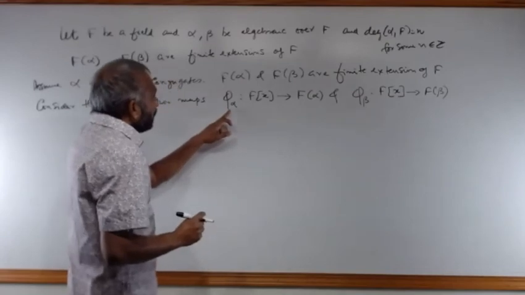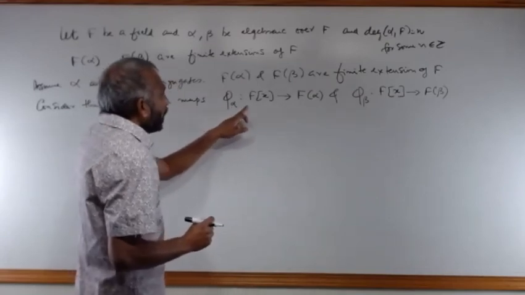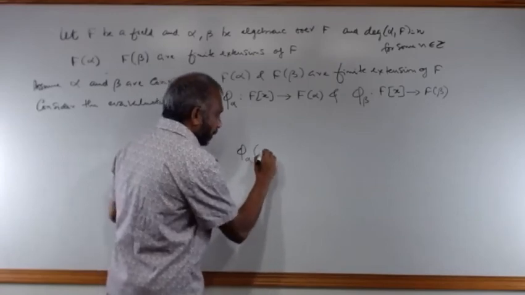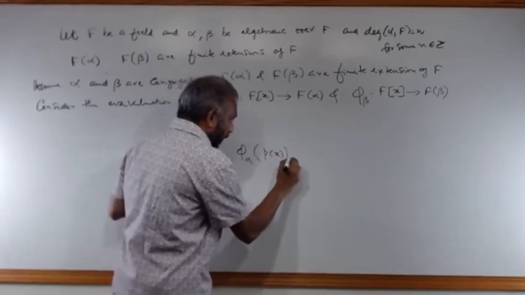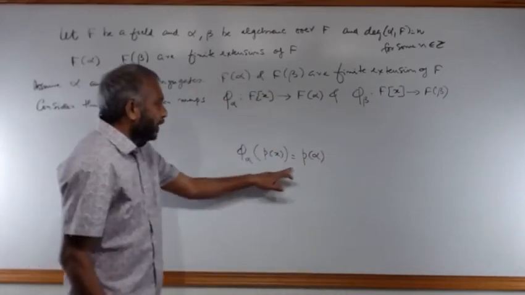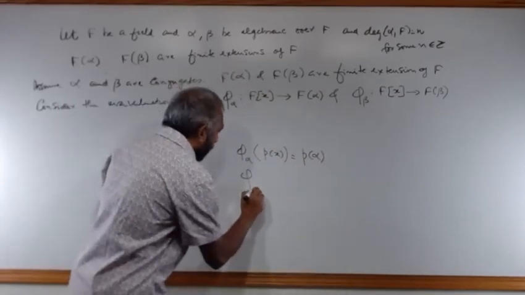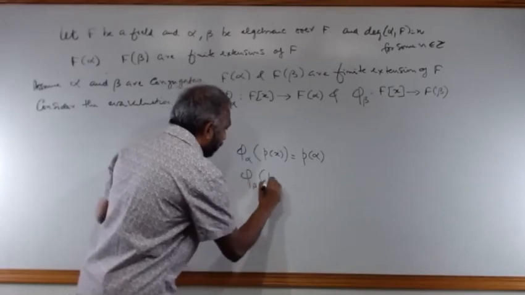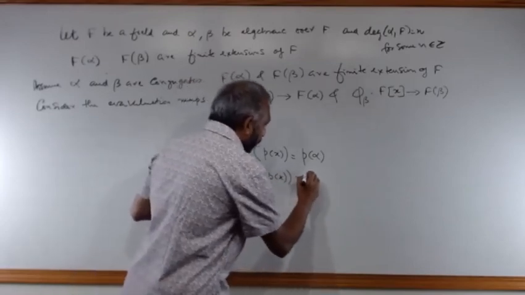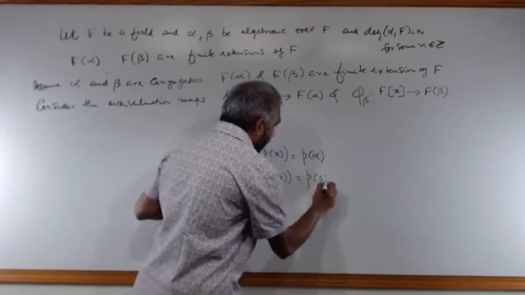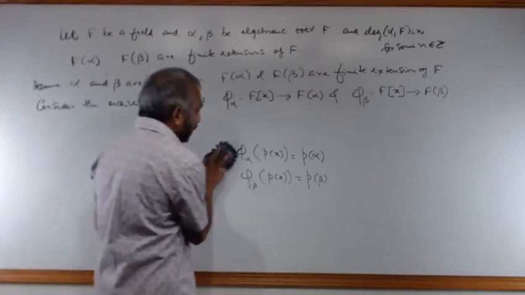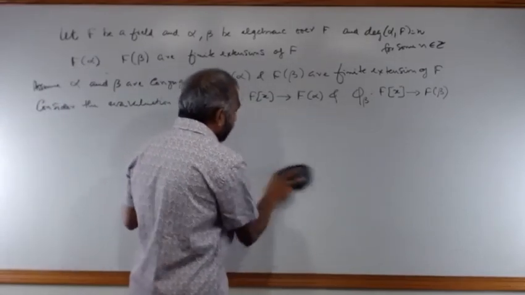Just a reminder, the way we define this, phi of alpha of a polynomial p of x is equal to the polynomial in alpha. Like that, phi of beta of p of x is equal to p of beta. So remember that, we are going to use this result. That is how the evaluation map goes.